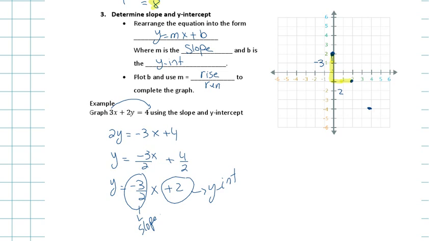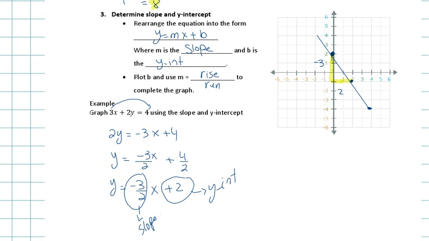Why did you go for the second time? I'm just finding another point. I can stop right there and graph my line with 2 points, but just to convince yourself that the formula is correct, you're adding more points so I can have a clear line. You can keep going as long as you can fit them.